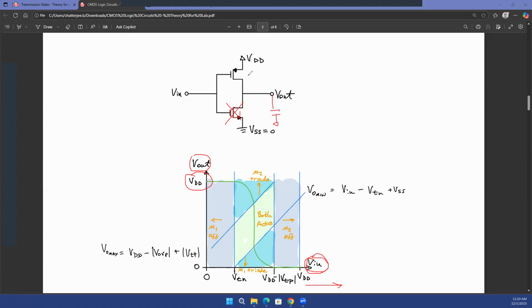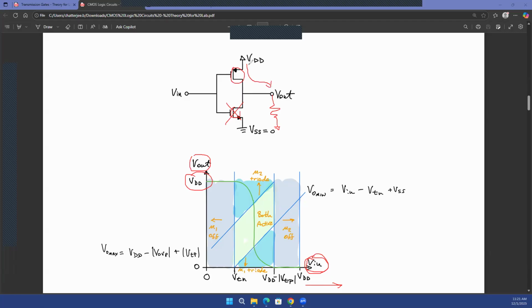Now we are at a position where you might ask, why do I have a capacitor at the output? Why do I not have a resistor as the load? The problem of having a resistor as the load is that if you had a resistor, as soon as this transistor turns on, there would be a current flow here.